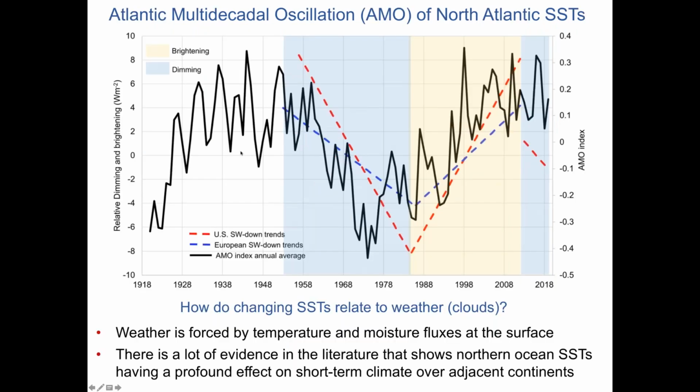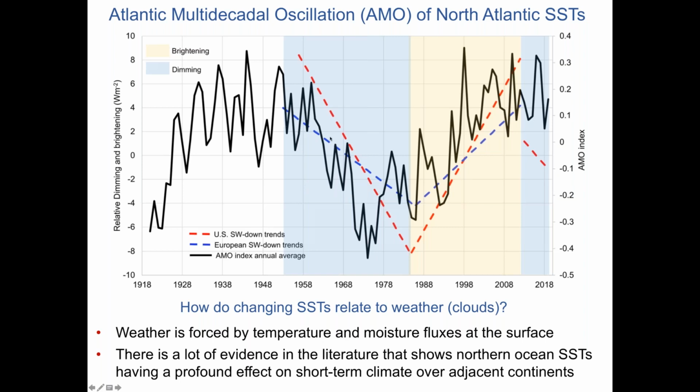Now, if you look at the AMO, it's basically sea surface temperatures of the North Atlantic, again above zero, warmer than average, below zero, colder than average. And I plotted again the dimming period and the brightening period.